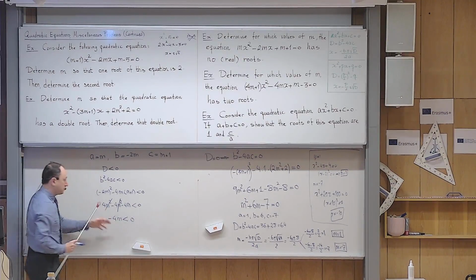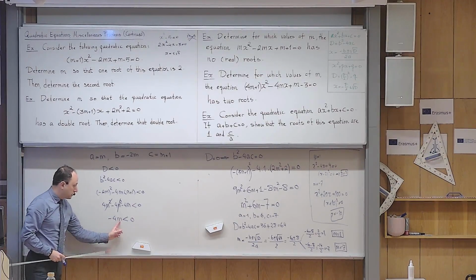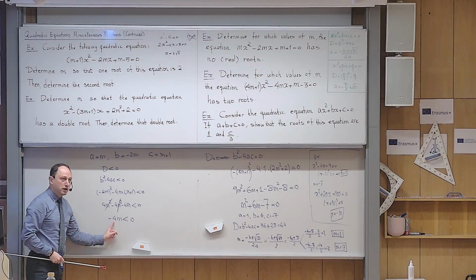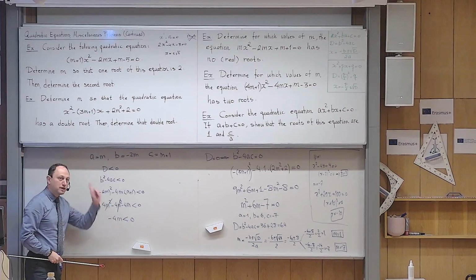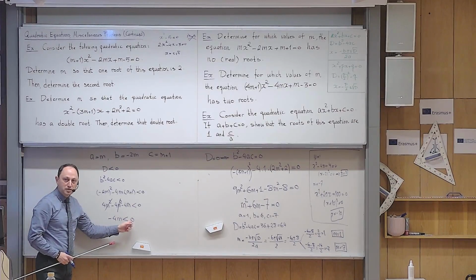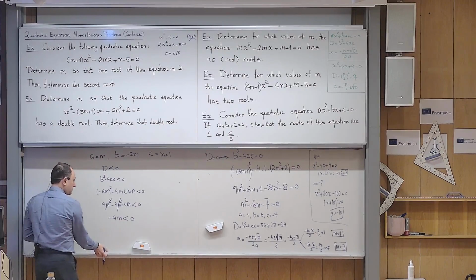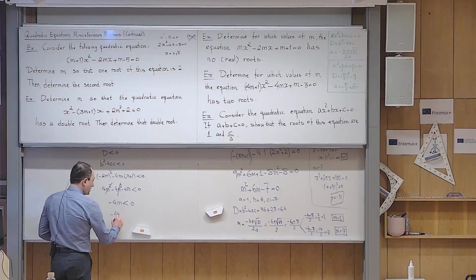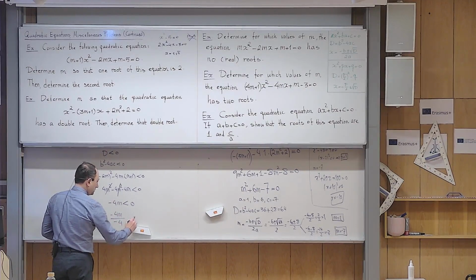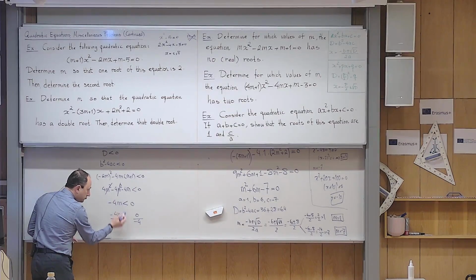Do you remember Math 1C, solving inequalities? I want to isolate my m, so I have to divide by minus 4. There was one single point in the Math 1C lesson: when you divide by a negative number, you have to flip the direction of the sign. So I divide everything by minus 4 to isolate my unknown, but because I am dividing by a negative number, I have to flip the sign.